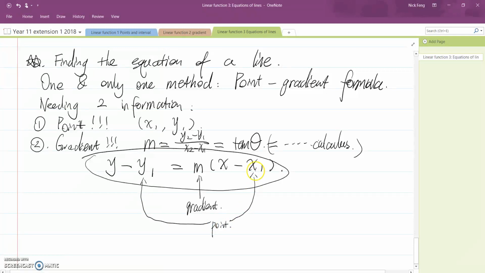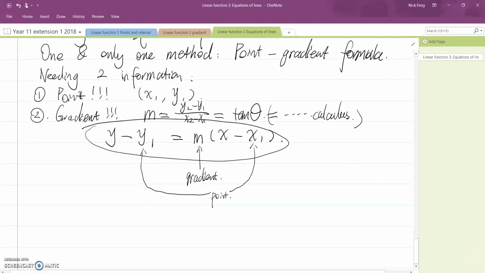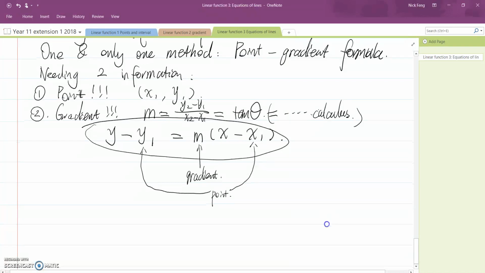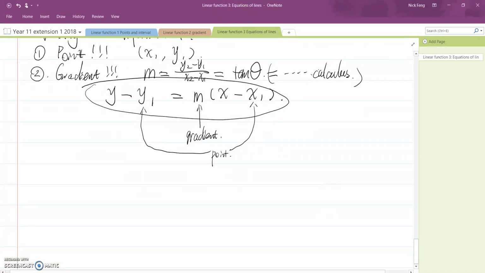In other words, that's the x coordinate of the point, that's the y coordinate of the point. Using this formula you can find any equation of a line, of course, based on the given gradient and the point. Well, we will see some questions where you're not given that. How do we deal with that? Here is a simple example to start.